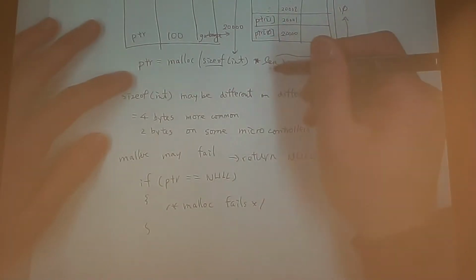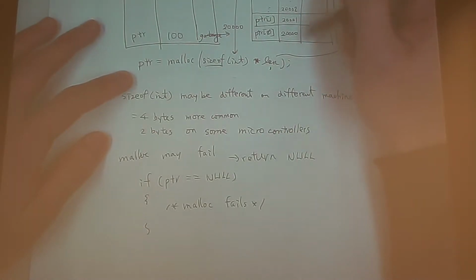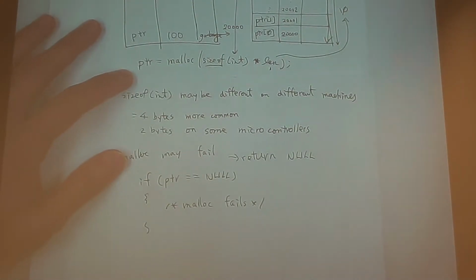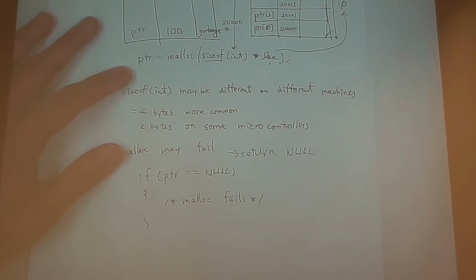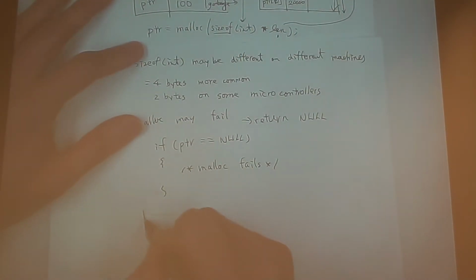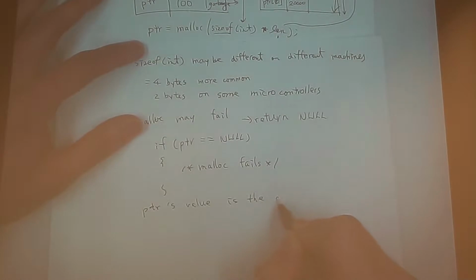If you give a length, malloc guarantees the memory will be contiguous. The memory will be all together. It will not be scattered around. And when you do this, the ptr variable is the address of the first element.